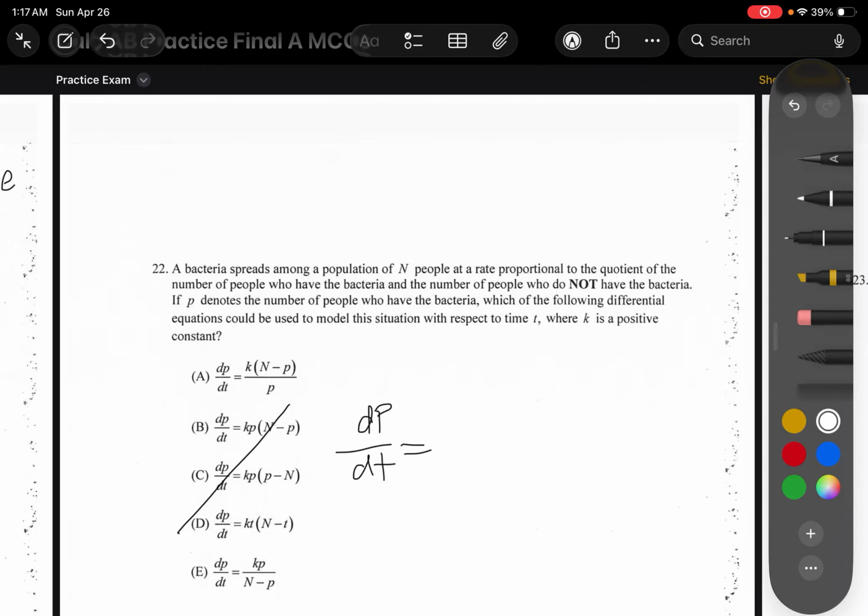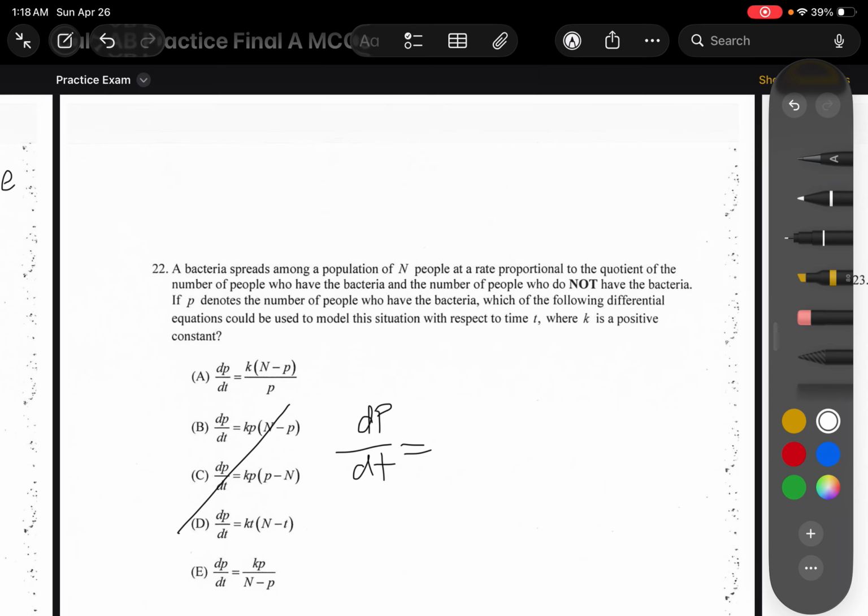And now we're going to multiply the rate by the quotient, which is going to be the number of people who have bacteria and the number of people who do not have the bacteria.